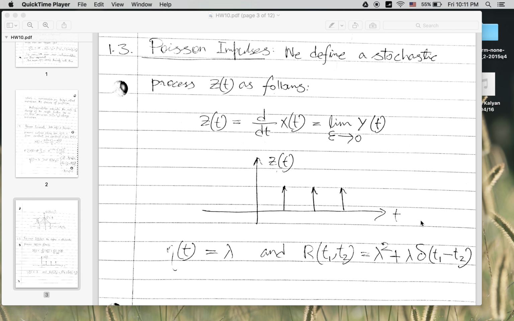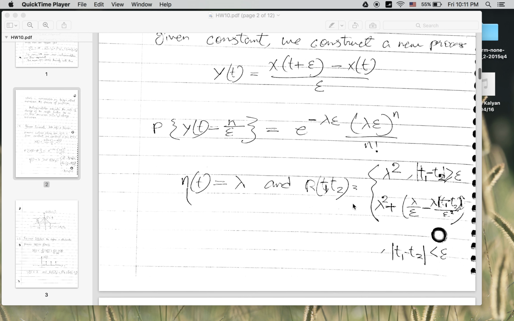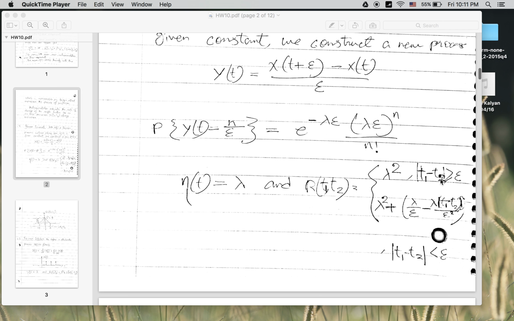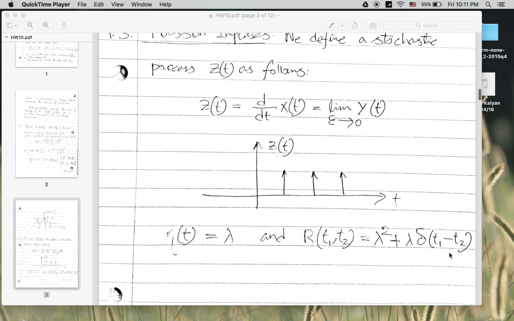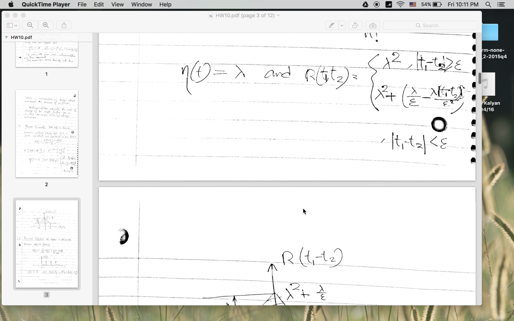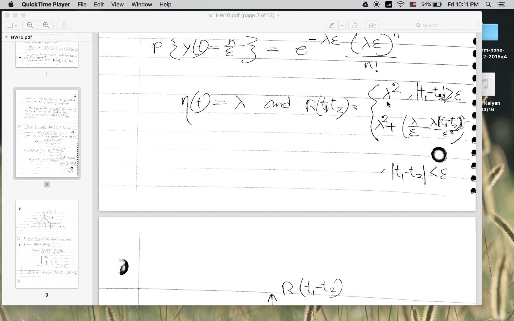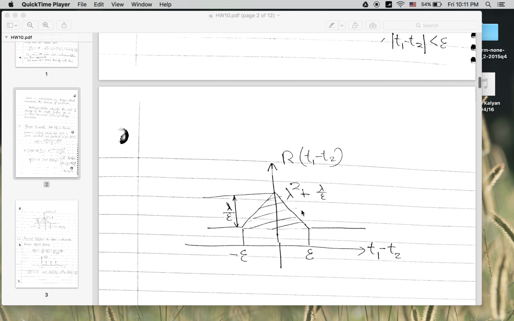This is understandable because, as in the Poisson increments, if t1 minus t2 is greater than or equal to epsilon, it was the constant lambda squared. So if t1 minus t2 is away from the impulse points, the delta term becomes 0 and the autocorrelation is again lambda squared. Otherwise, at the impulse points where t1 equals t2, it has another value, just as in the case of Poisson increments with the limit epsilon tends to 0.